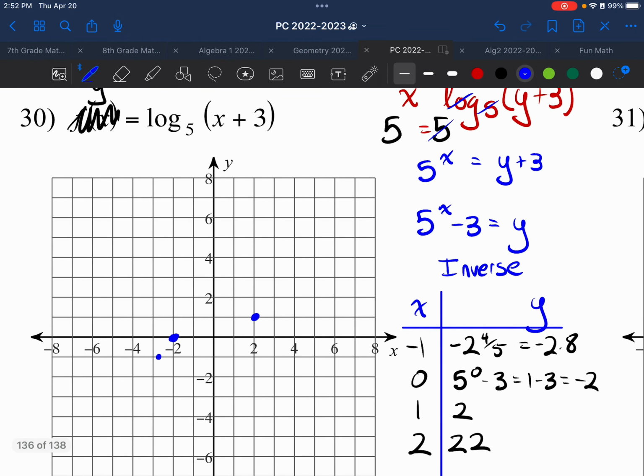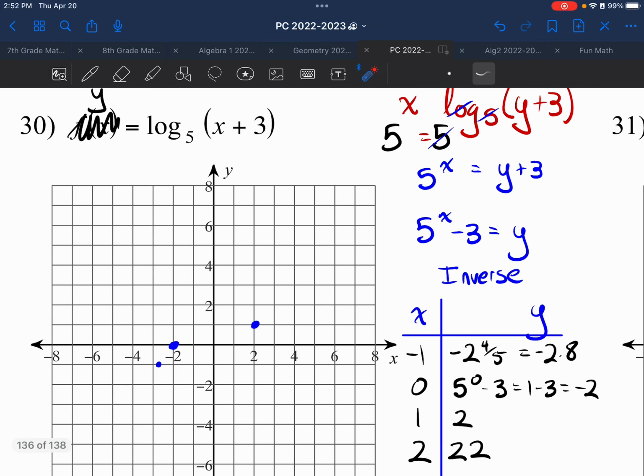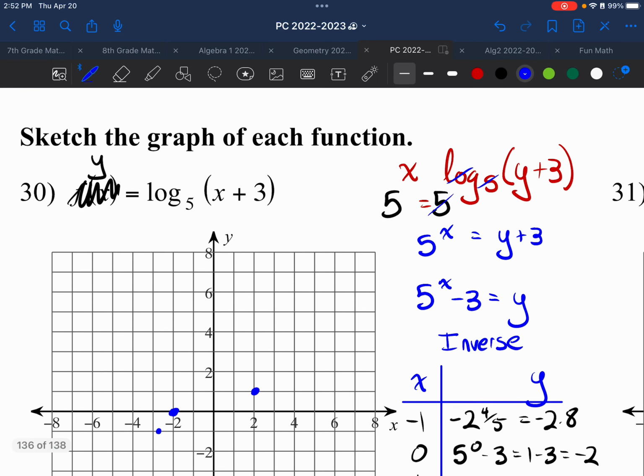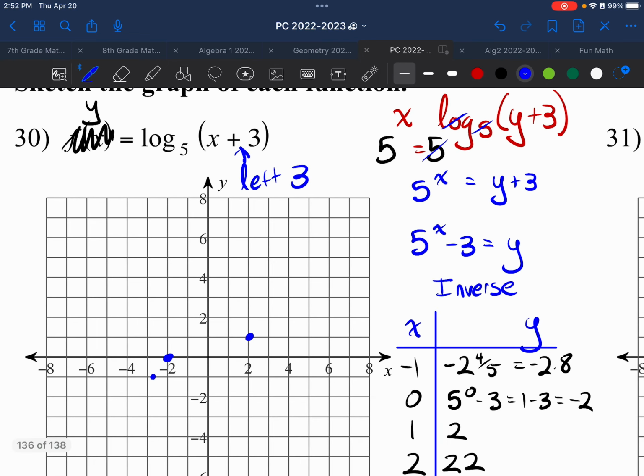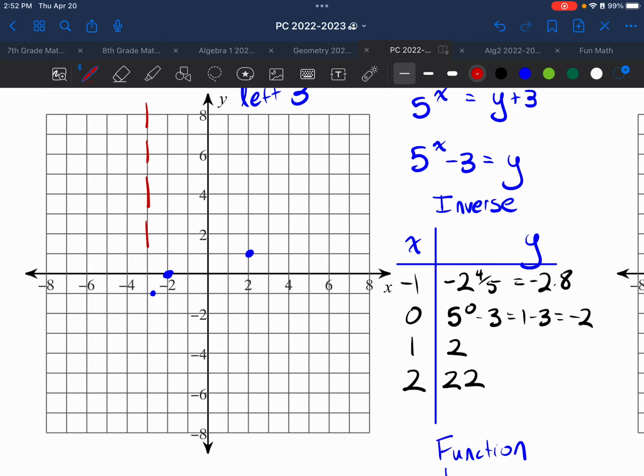All right. It's now a vertical asymptote instead of a horizontal asymptote. I'll annotate this too. When I have this +3, this means go left 3 for my vertical asymptote, and you can see -3 is right here, meaning that I have this electric fence with this dashed line.